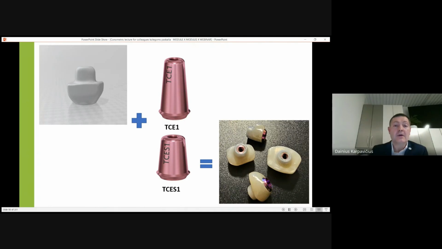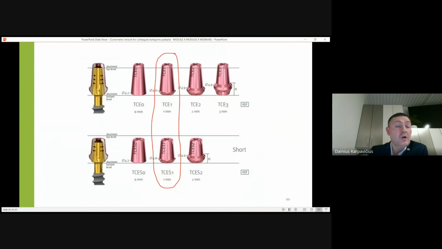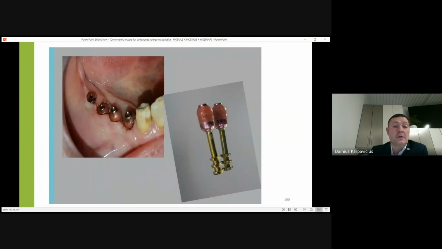So compressive K monolithic or angulated abutments for two-piece implants have conométrics TCK, and compressive C implants with a bit more narrow abutment have their line of conometric caps that have TCE or TCES if it is cutted conometric caps, and also TCE1 or TCES1 is the mostly in usage in our practice.